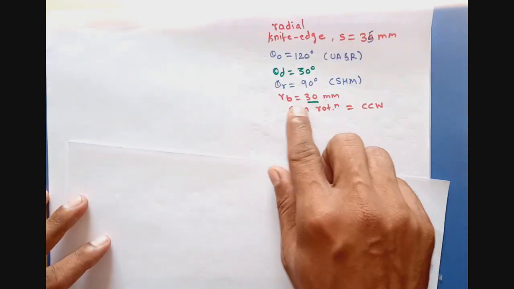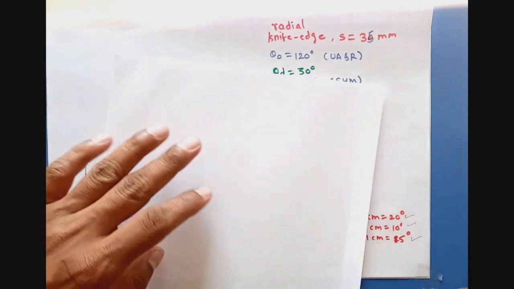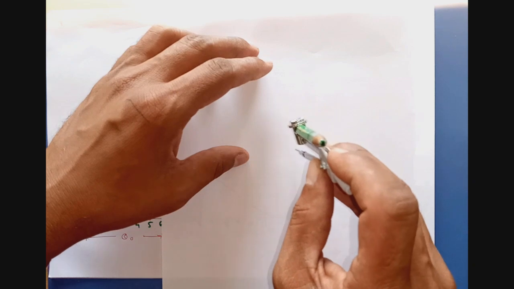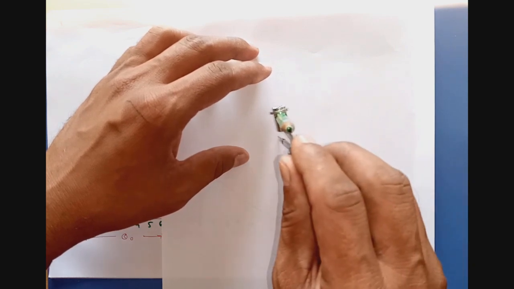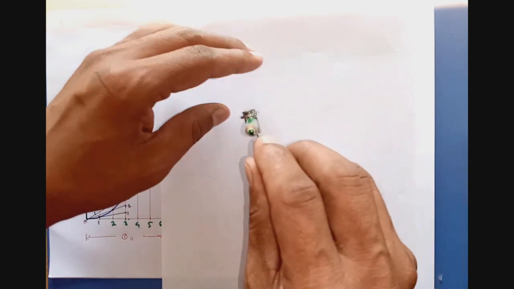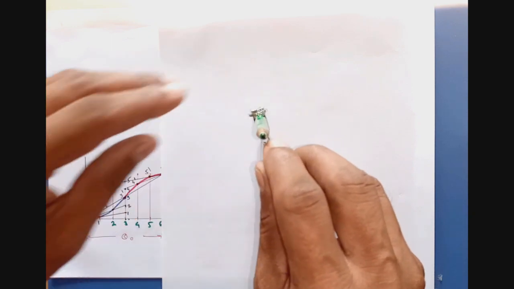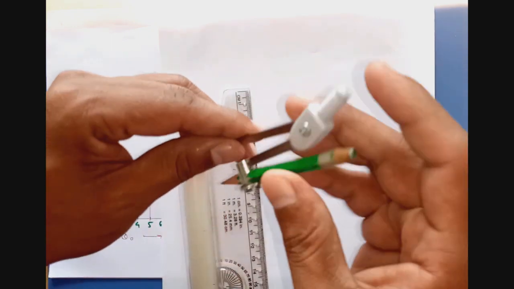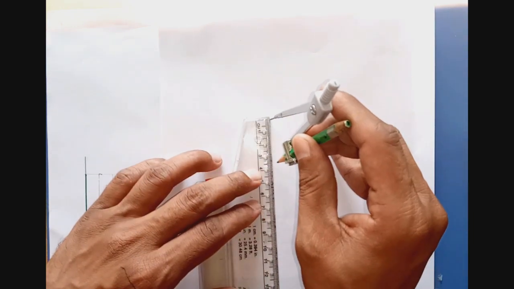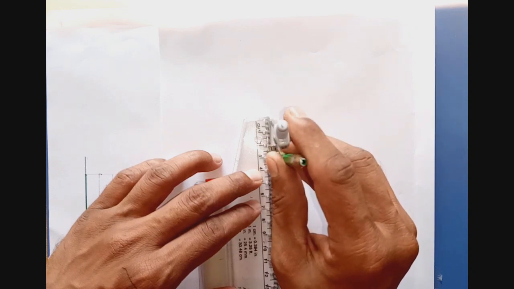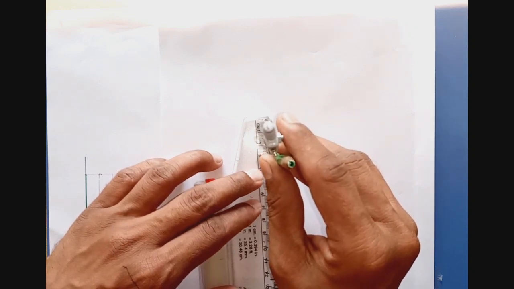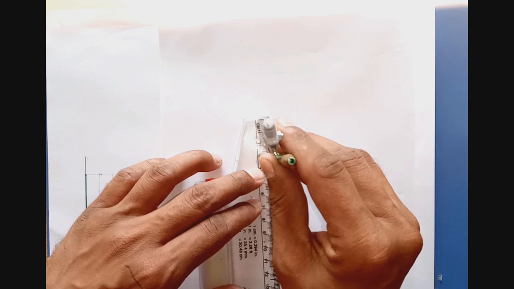The base circle radius is 30 millimeters. So first of all we'll draw the base circle having radius of 30 millimeters. For drawing the base circle, we have to take the same scale as that of the y-axis in the displacement diagram.